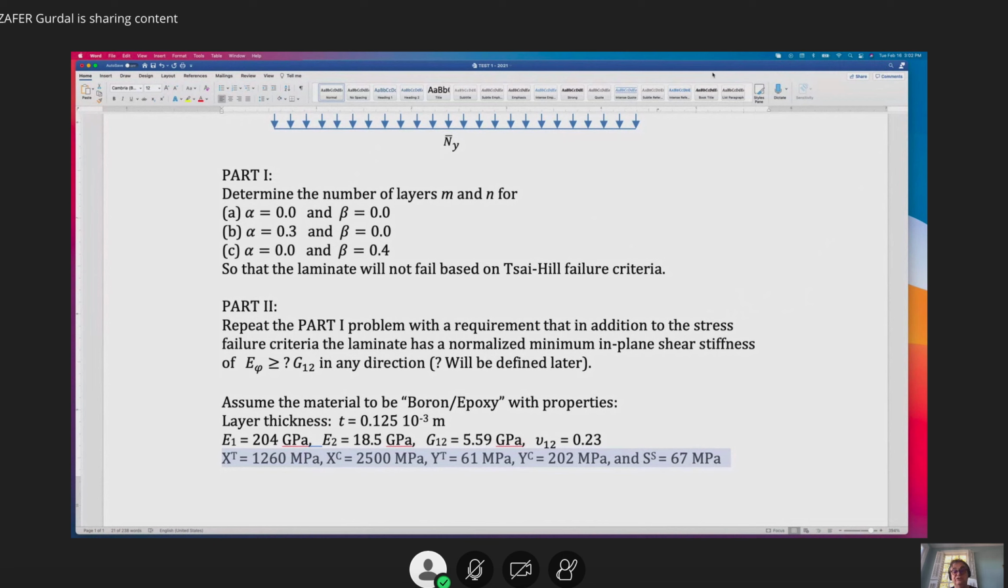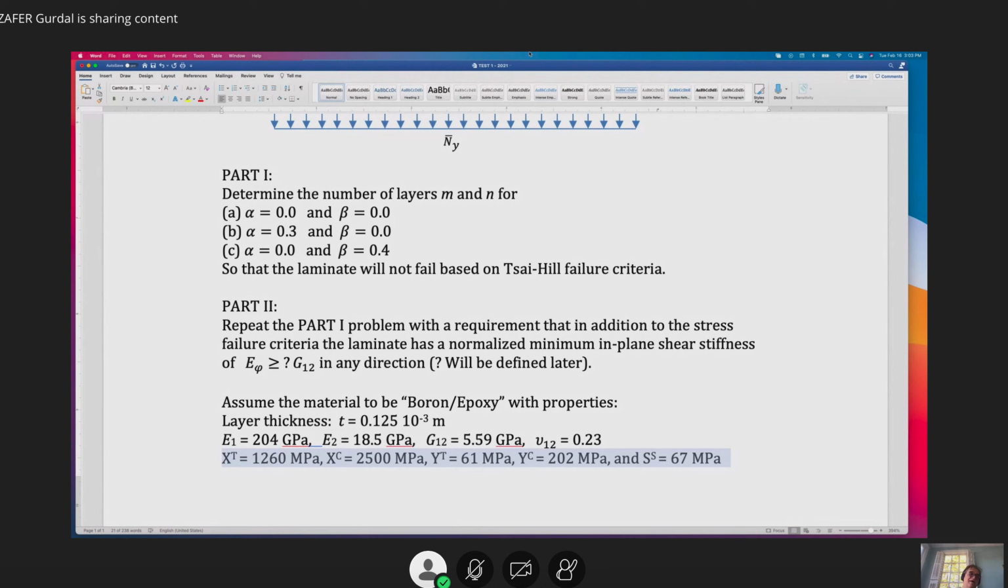So what is good engineering judgment? It can be a little thick, heavier, but not 10 times heavier than required. As you increase M and N, definitely stresses are going to go down, so you're going to meet the failure criteria, definitely, if you use way too thick of a laminate.